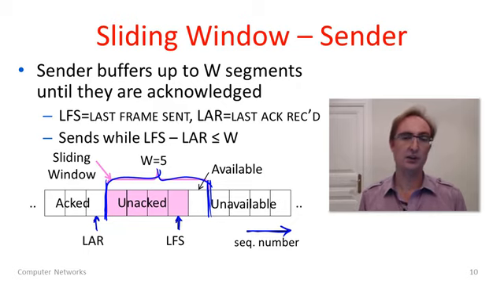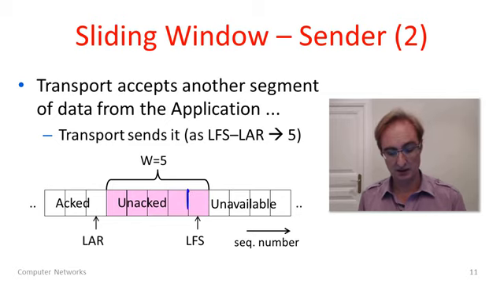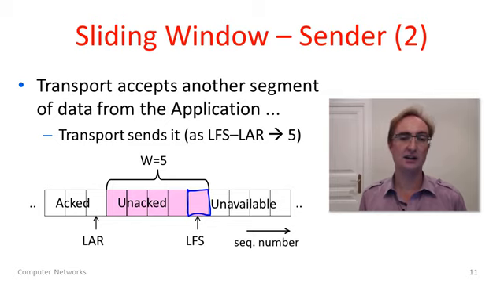It evolves as we send new packets and receive ACKs. So a couple of things could happen here. One thing that could happen is the transport layer could accept another segment from the application, and that would be this segment here. In this case, it can go ahead and send it. Why? Because we only had 4 packets outstanding in the network, and our sliding window size is 5.